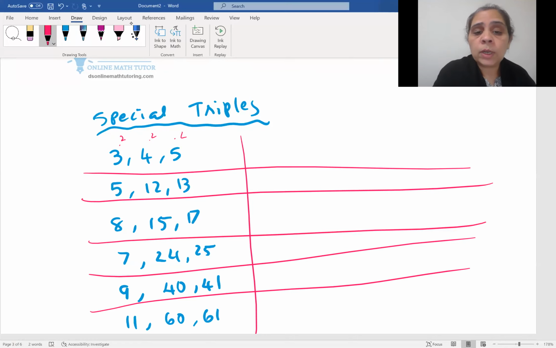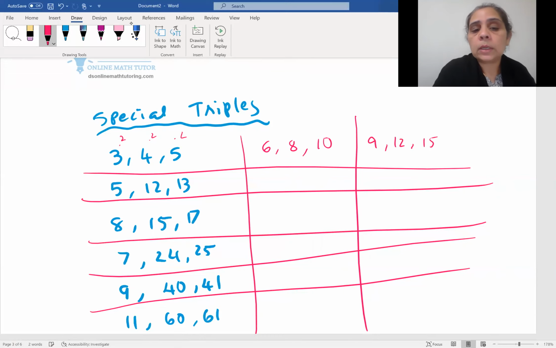If one leg of a right triangle is 6 and the other is 8, then the hypotenuse must be 10. If you multiply by 3, then you will get 9, 12, and 15. You can multiply by any constant and create another set of right triangle sides.